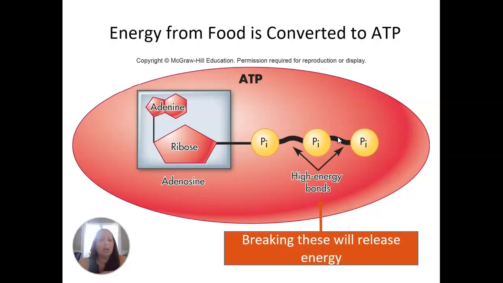Breaking these bonds will release energy, and that energy can be passed on to something else, used to drive an anabolic reaction or used to drive cellular transport or whatever ATP is being used for. So there is energy in these bonds. We consider ATP to be a form of chemical energy. It's energy stored in the bonds of this molecule that can then be used for whatever else. Okay, we can also call it potential energy because it's stored energy. You can use both of those.